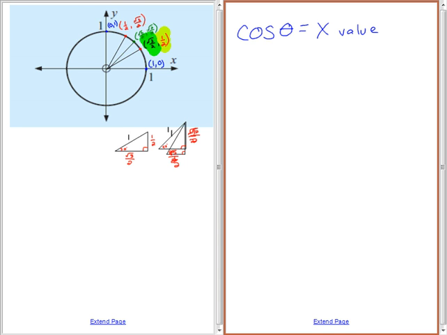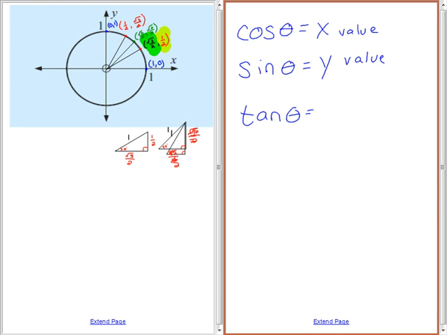So if I ever want to find the cosine of an angle, I just have to look at the x values of my coordinate points where they're located. If I want to find the sine of some angle, it's just the y value of wherever my angle is located. And I can do exact values for 30 degrees and 45 degree factors. Now, I only have two values in a coordinate point, cosine x, sine y. So I also have to be able to do tangent of theta.